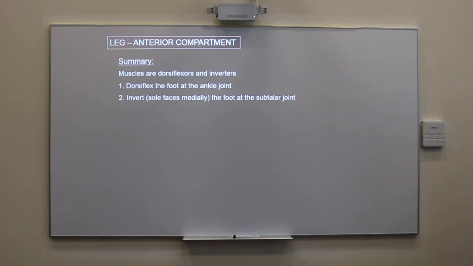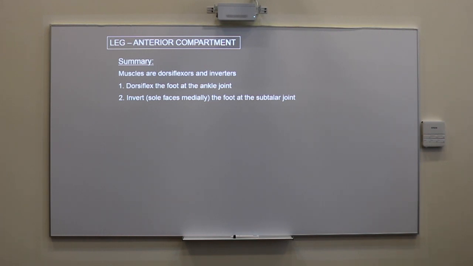Inversion and eversion of the foot happen at the subtalar joint, which is the joint between the talus bone and the calcaneum. There is a joint between the tibia and the talus bone, that is the ankle joint, and the actions there are dorsiflexion and plantar flexion.